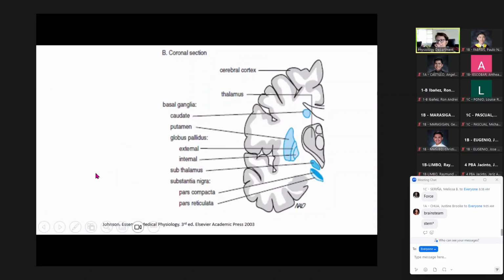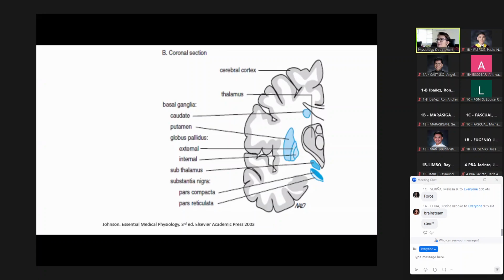Now for the third poll, let's discuss this first before we go to the third poll. I will see if you will be able to answer the questions after listening to this. So this is a coronal section of your basal ganglia.